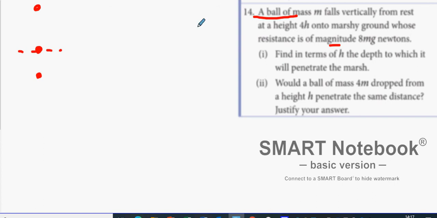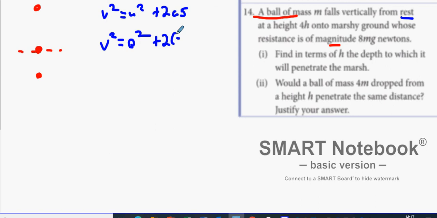Right? So we're going to start with v squared equals u squared plus 2as. V is what I'm looking for. U is rest, so we're going to start off with 0. A is gravity, which is 9.8. In fact, I'll keep it in terms of g because I noticed that the resistance is in terms of g, so it'll be 8g and it's 4h here.